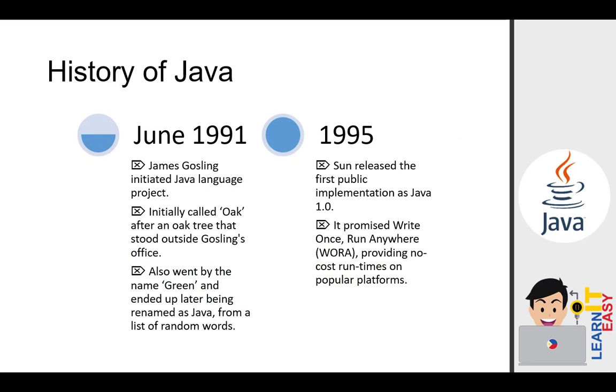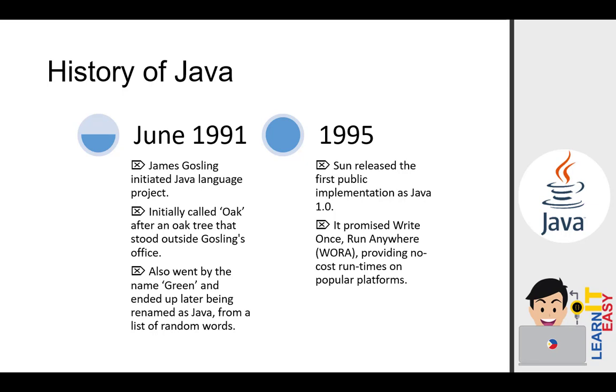As a part of this very brief history of Java, in June 1991, James Gosling initiated the Java language project, initially called Oak after an oak tree that stood outside Gosling's office. It also went by the name Green and ended up later being renamed Java from a list of random words.